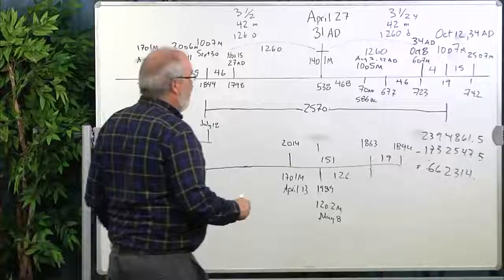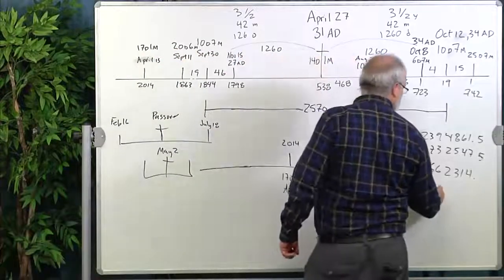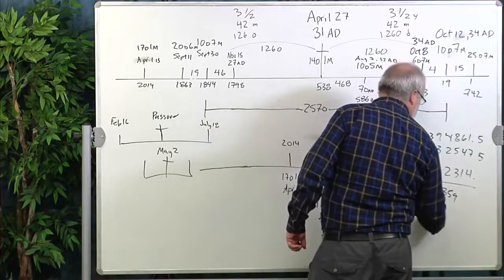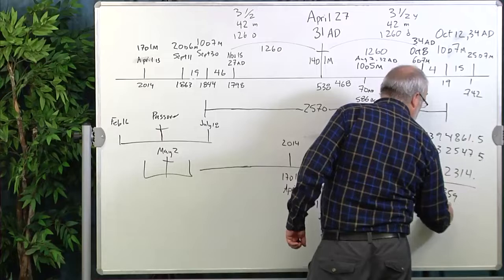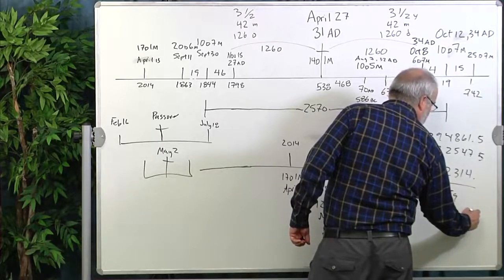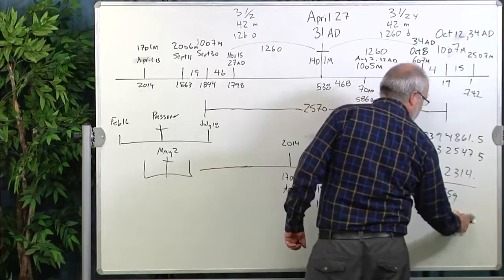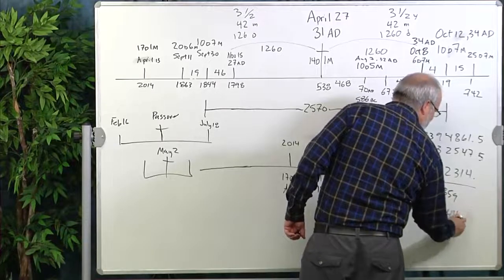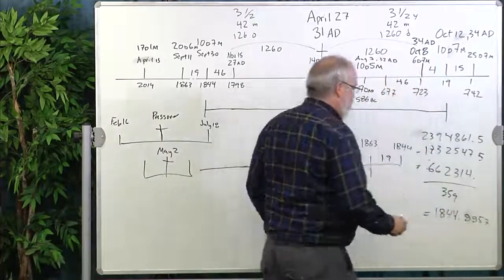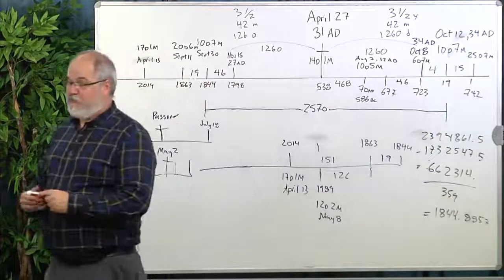So if we take this number and divide it by 359, it will equal 1844.8857. It's almost 1845. But it's actually short.